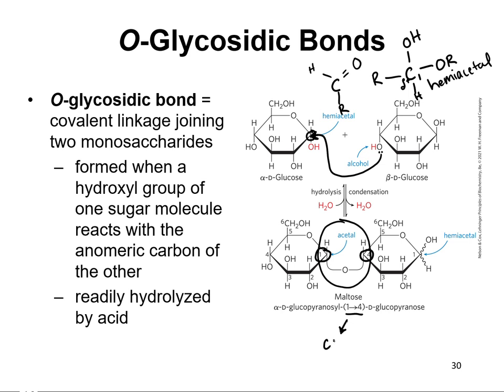So carbon 1 on this molecule and carbon 4 on the other molecule. When you bring an alpha and a beta glucose together, and they're joined by an alpha 1 to beta 4 linkage, you make maltose.